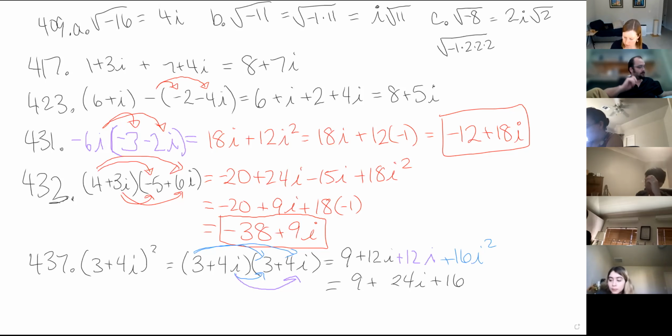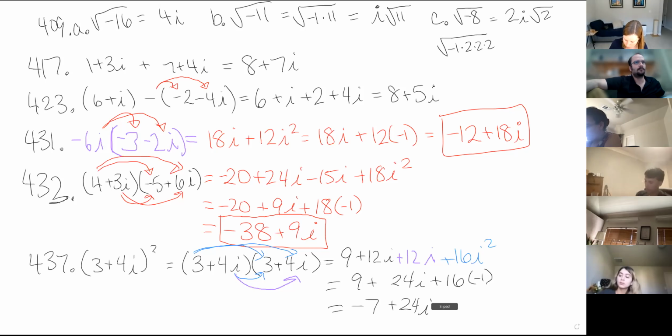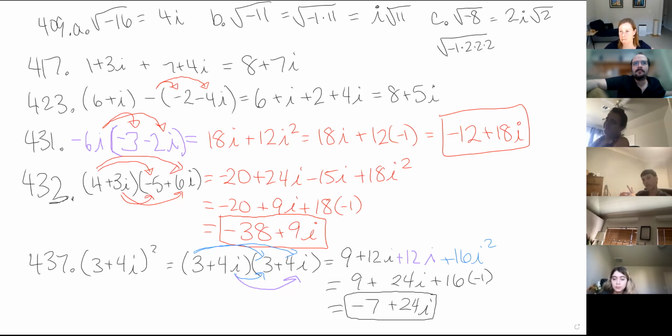Put a -1, which will make that a minus 16, right? So now we can combine the 9 and the minus 16. -7. Okay, awesome. It's -7 plus 24i, right? Yes. Perfect, thank you.